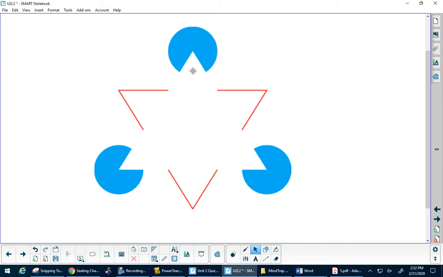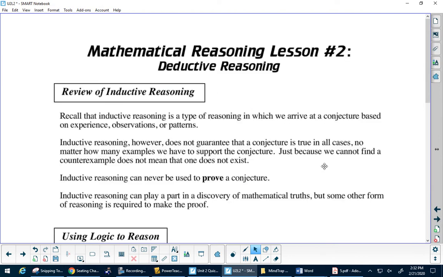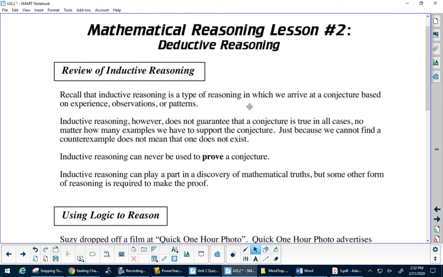Okay, so this is just talking about, again, conjectures, right? So what we did last class, and even on the quiz, inductive reasoning is just based on observation. Okay, so anything like, the first time I lent the money, he didn't pay me back.